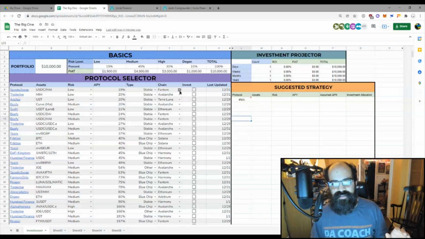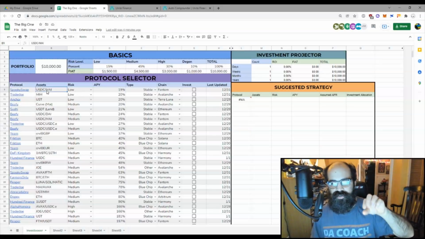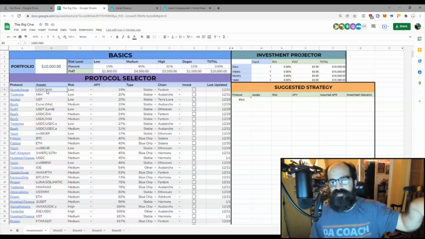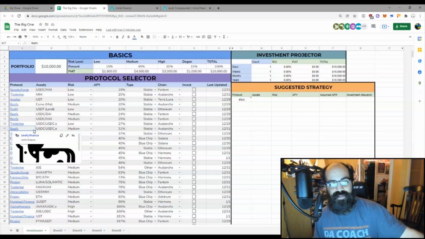But even though I have Various on here, really we're not going to use Various very much because these particular strategies are specific in almost every case to a chain. So like Spooky Spot you can access for most things, but like Beefy, right?